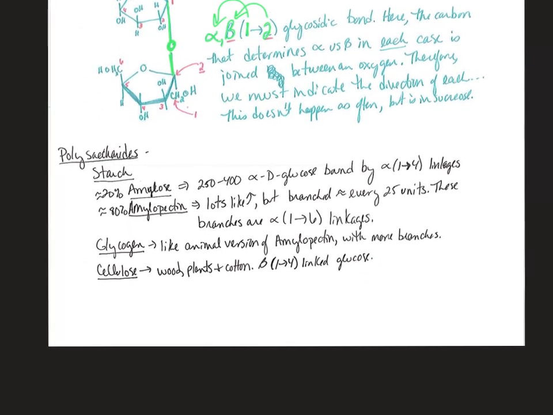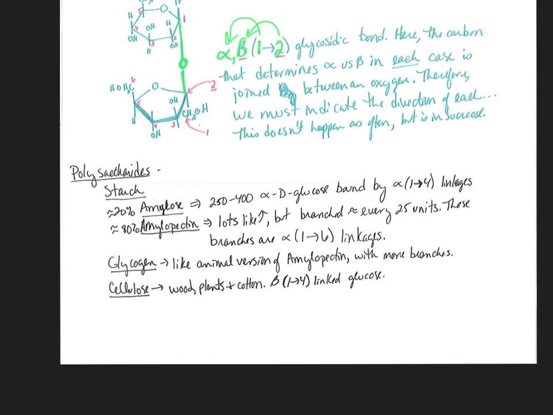Okay, there are several other things that you need to be familiar with, and you probably need to read up on these. We have things that are part of starch. 20% of starch is what's called amylose, and it's basically 250 to 400 of these structures of just alpha D glucose that have these alpha 1,4 linkages.